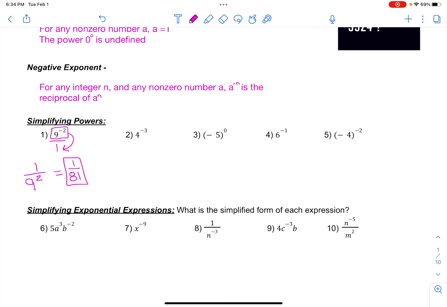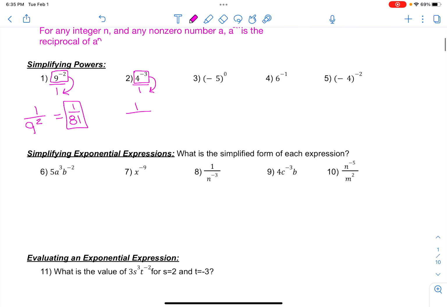All right, for our second one, we have something very similar. We have 4 to the negative third. Remember, again, this is over that imaginary 1. In order to make this piece positive, we have to move it to the bottom. So now up top, we just have 1.